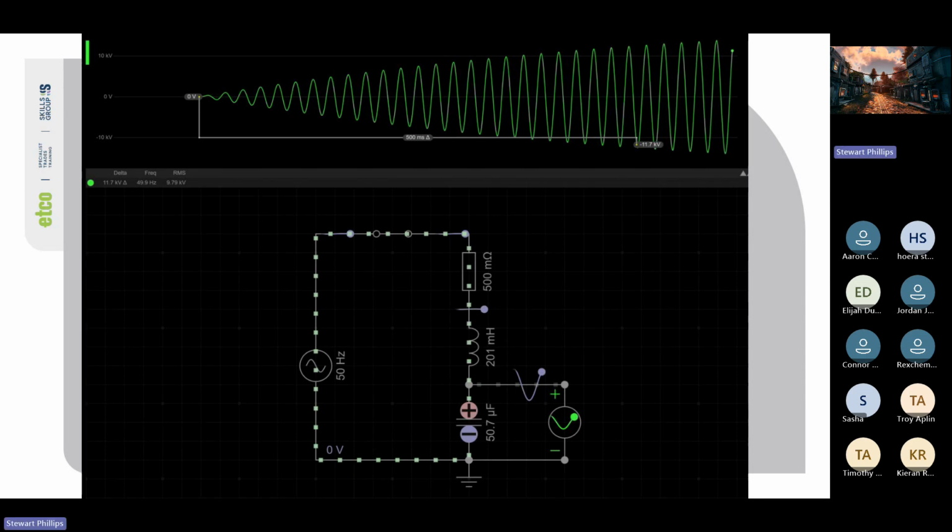This circuit was tuned perfectly in terms of the size of the capacitor and inductor to create this. Normally you would not get exactly 201 millihenries or 50.7 microfarads. But if we don't control the voltage properly, we can cause massive voltage spikes.